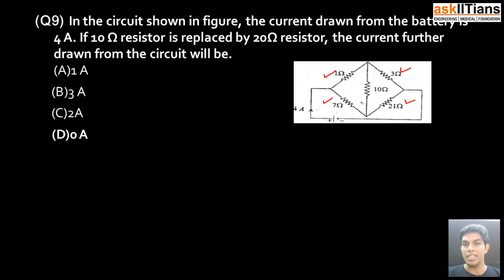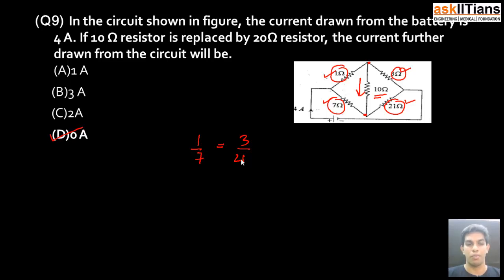We can clearly see that the Wheatstone bridge principle holds, that is 1 by 7 for this and this is equal to 3 by 21 for this and this. Hence, irrespective of the value of the resistance connecting these two points, the current across this branch is 0. Hence, D is the correct answer.